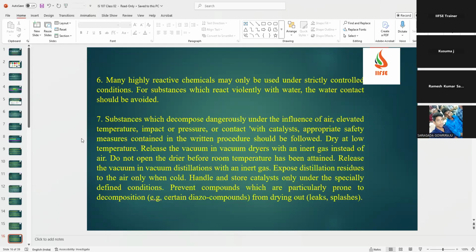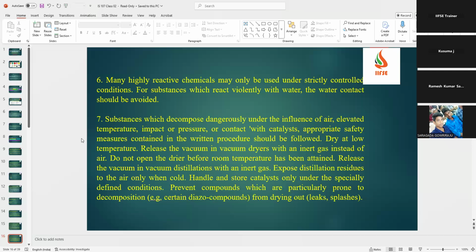Handle and store catalyst only under the special defined conditions. When I say catalyst, these are specific materials or chemicals which do not participate in the reaction, but they speed up the reaction. So basically, a catalyst will speed up the reaction process when you are using it in your chemical reaction.